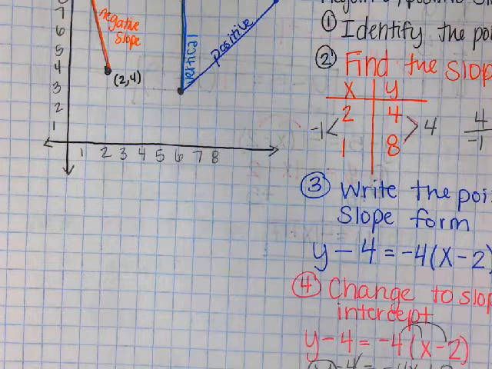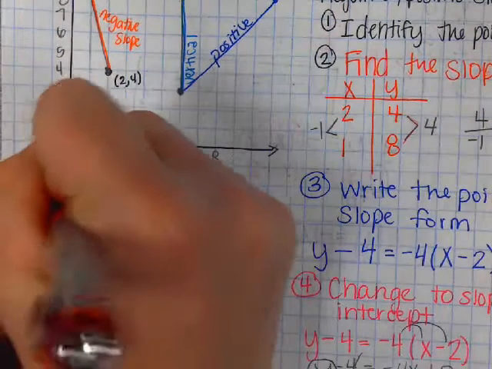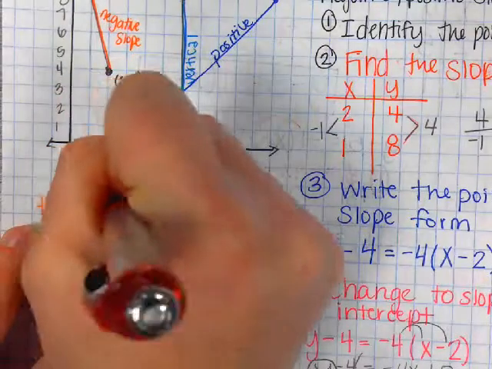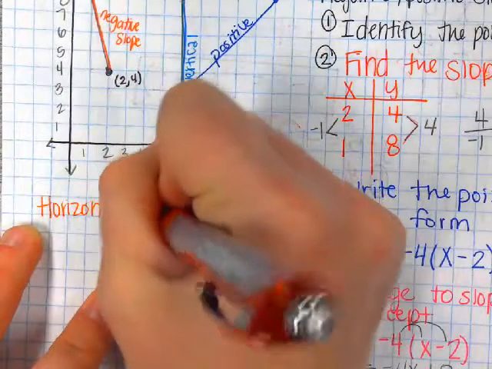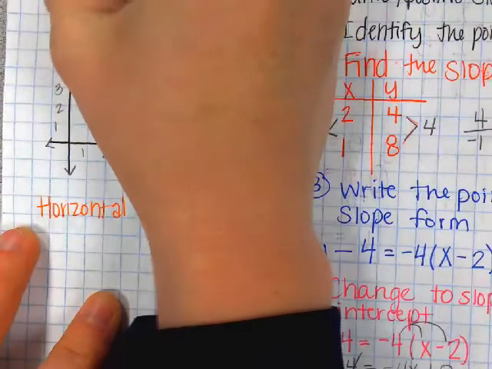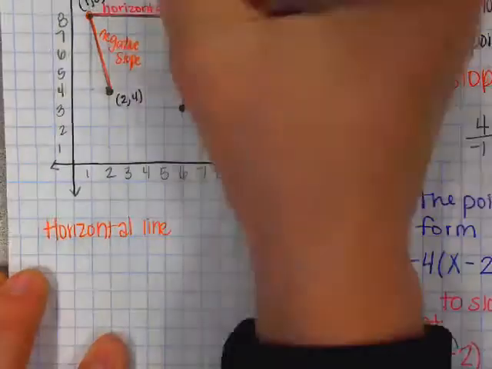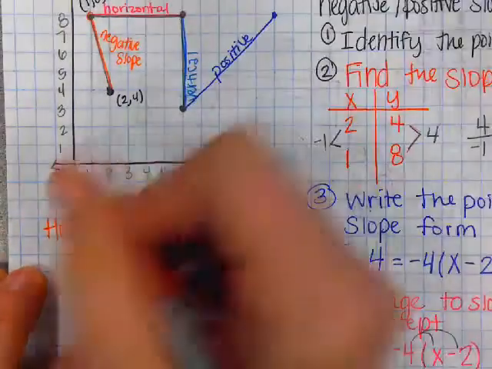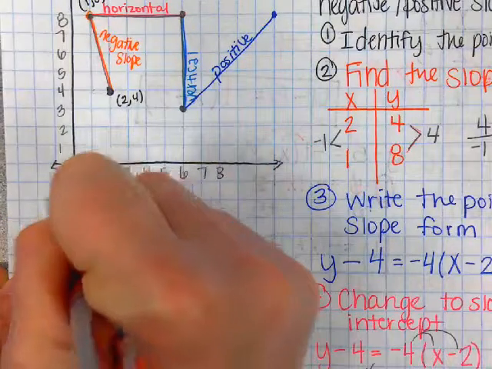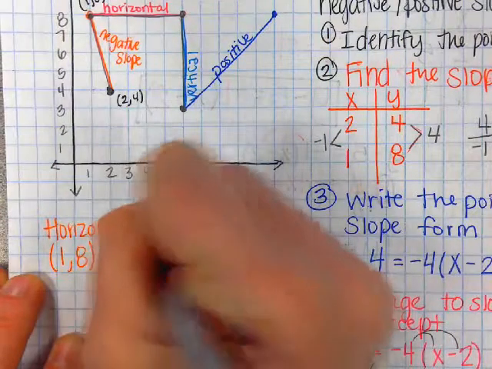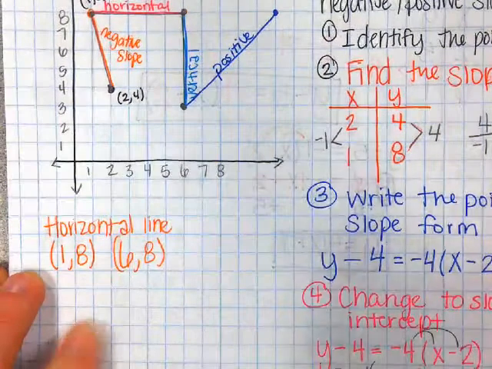Okay, now something that we haven't really talked about are horizontal lines. So if you look at the horizontal line, identify the 2 points. So we have 1, 8, and 6, 8.